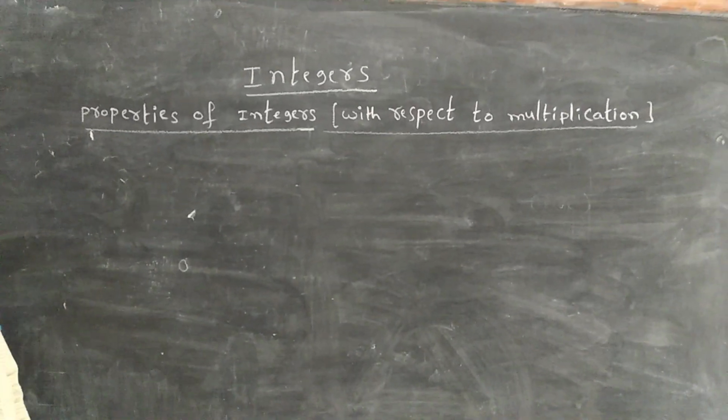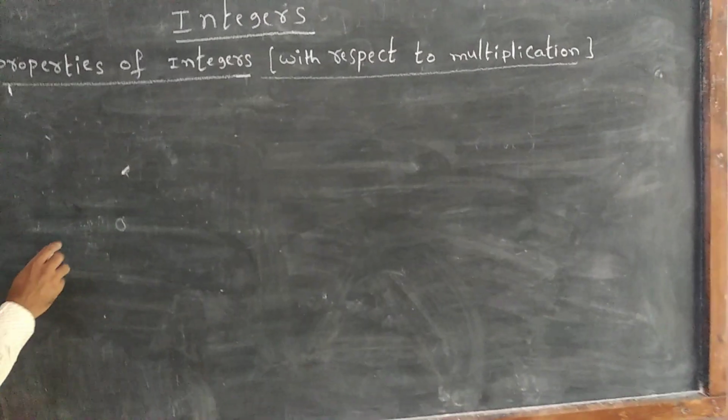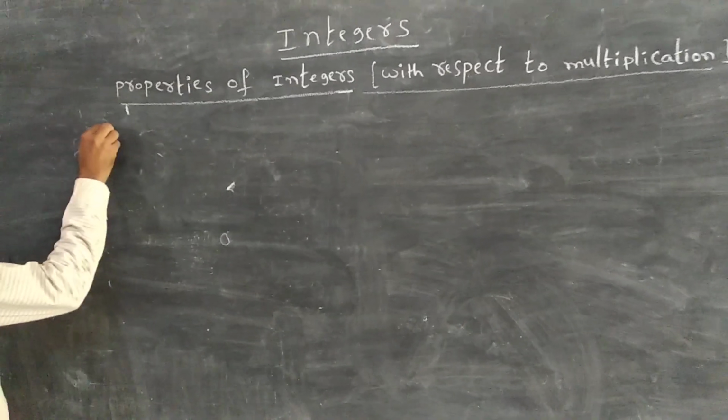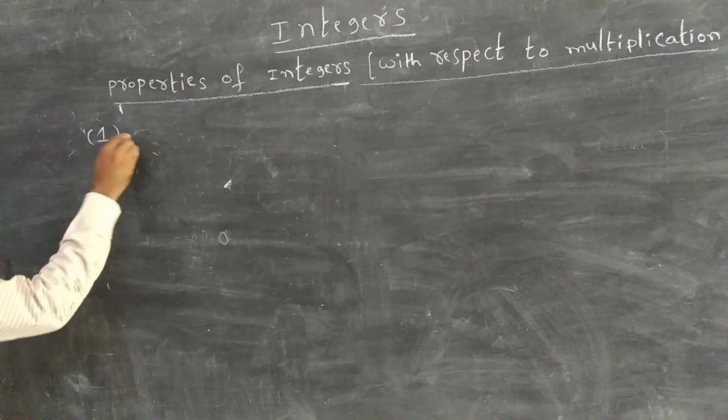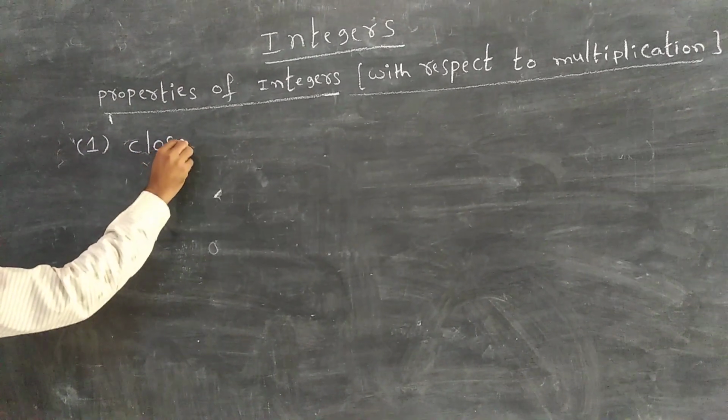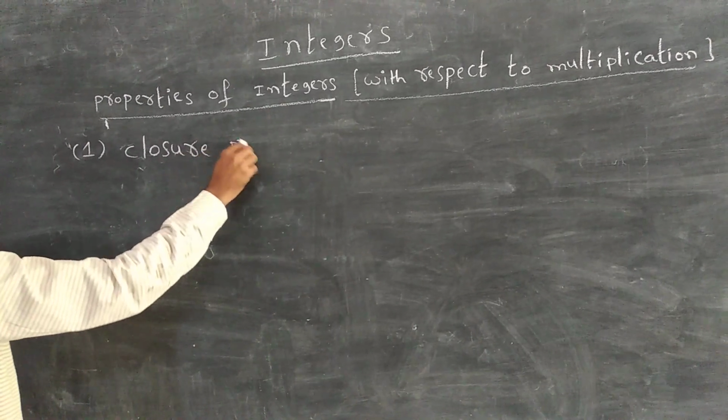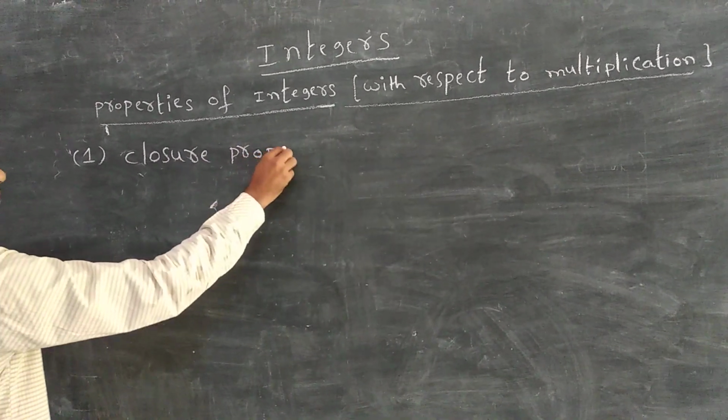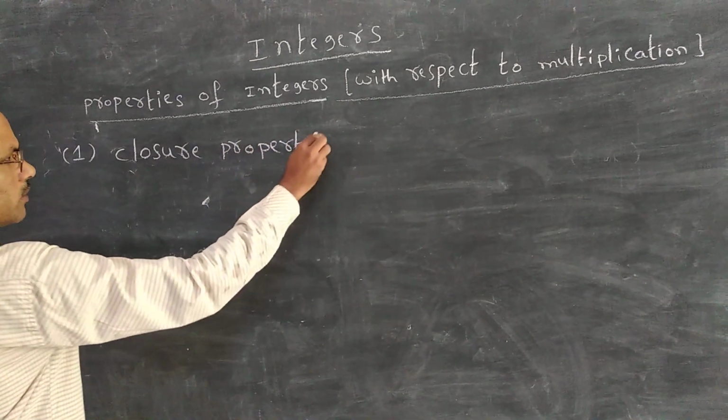That is how we will get the product. Now let us take the first property, named closure property. Closure property of integers for multiplication.